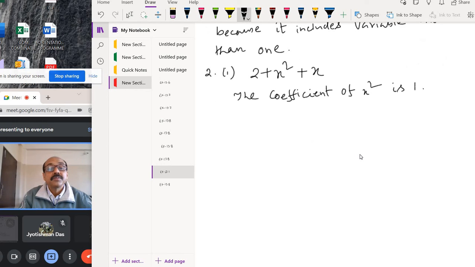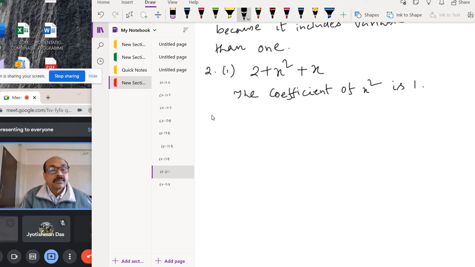Next, number 2: 2 minus x square plus x cube. Okay. So in this question, what is the coefficient of x square? 1. See, 2 is a constant, then minus x square. With x square, a minus sign is there. That means minus 1, no number is present.